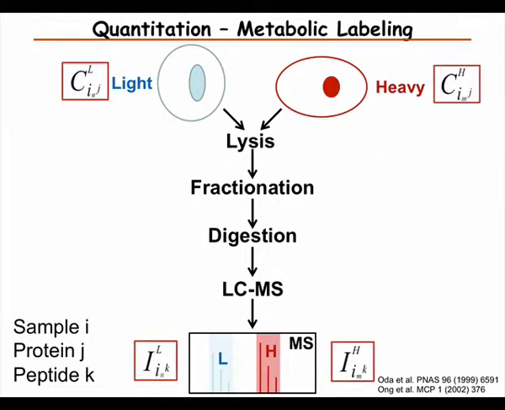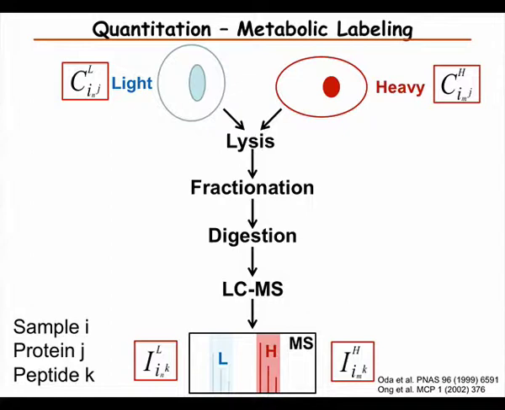So the other extreme now is when you do metabolic labeling. So you do a cell culture in the regular amino acids and one with heavy amino acids. So heavy meaning you add a few carbon 13s or nitrogen 15s, so you go from carbon 12 to carbon 13, nitrogen 14 to nitrogen 15.